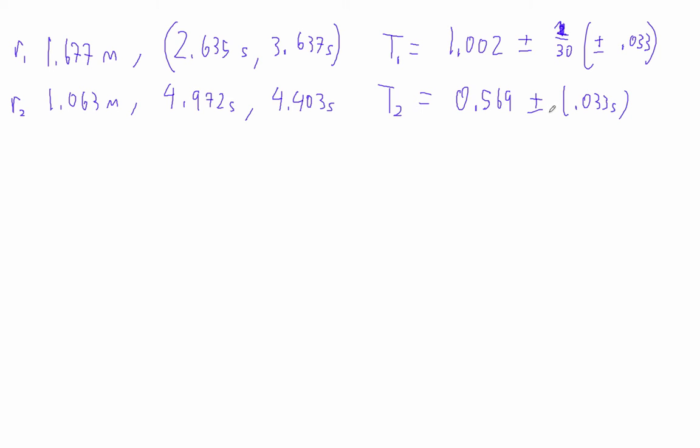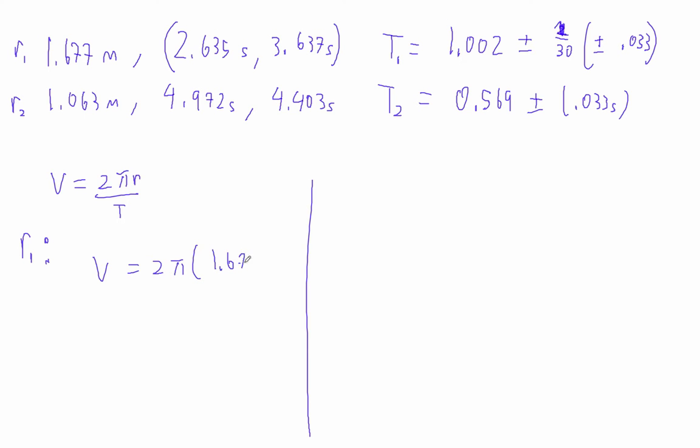Now, the formula to figure out the velocity is that the velocity is just circumference divided by period. So for R1, my velocity equals 2 times pi times 1.677 divided by 1.002.